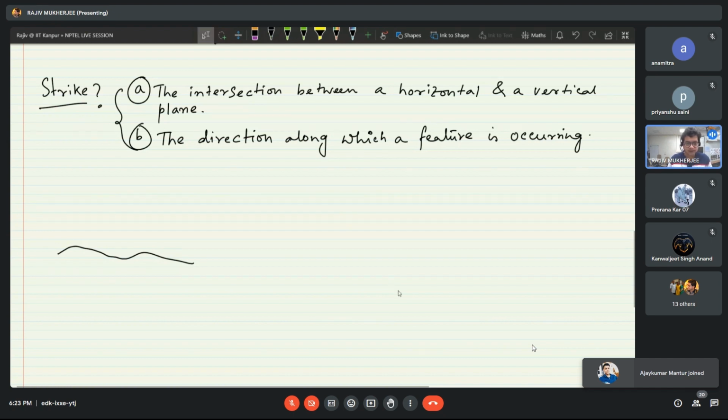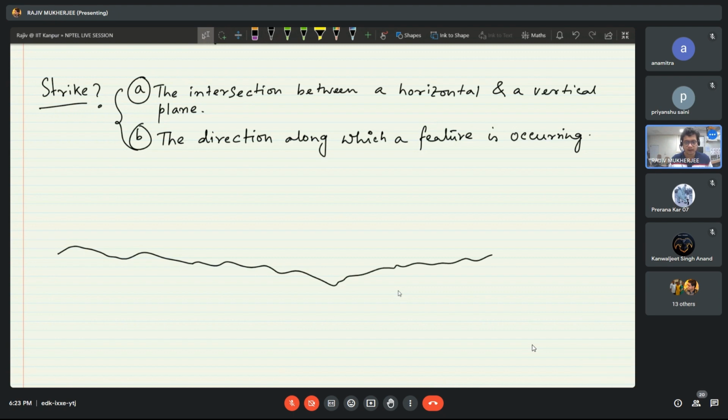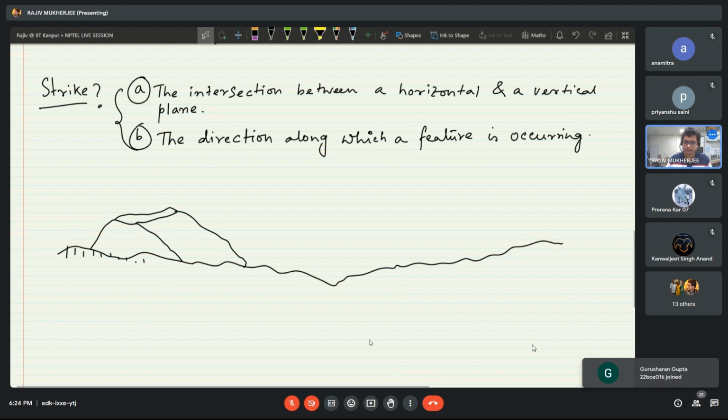So this is a rocky terrain, whatever, right? Here we have an exposure, an outcrop scale exposure, right?